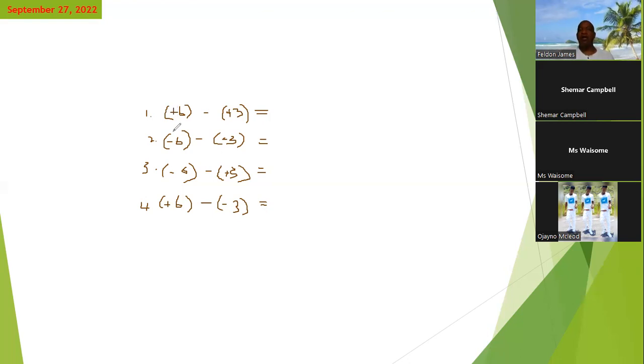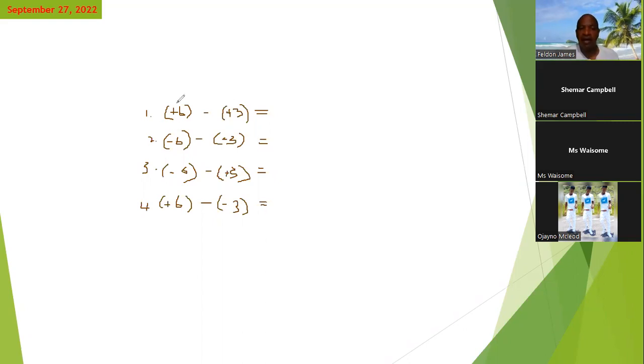So if there's no negative sign in front of the bracket, it means that you have a +1 in front of the bracket. And if you multiply what is inside the bracket by a +1, remember 1 is called the multiplicative identity, because when you multiply any number by 1, you do what? The number remains the same, sir.